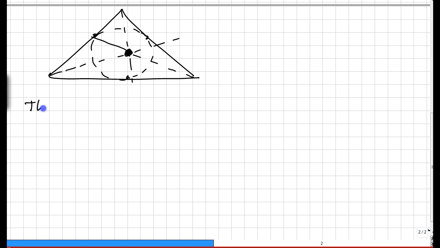Our second theorem has to do with the perpendicular bisectors of the sides.